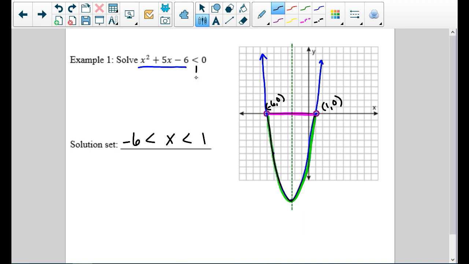Again, whatever this symbol is, that's what we're using, according to greater than or equal to. Okay, so no equal to on here, so the symbols in my solution set do not have equal to as well. So there's my solution set. Again, it's in between the parabola, so my x is in between the two values. That's an AND statement.